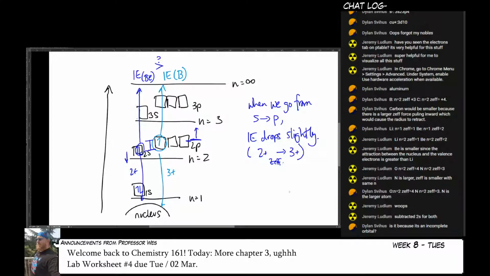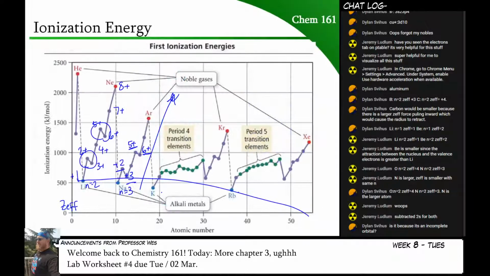And you can see that that always occurs on the periodic table on our diagram here. Now, after n equals 4, you start getting transition metals in there, and it kind of ruins everything. But that's going to help explain our initial transition right there and why this drop occurs.